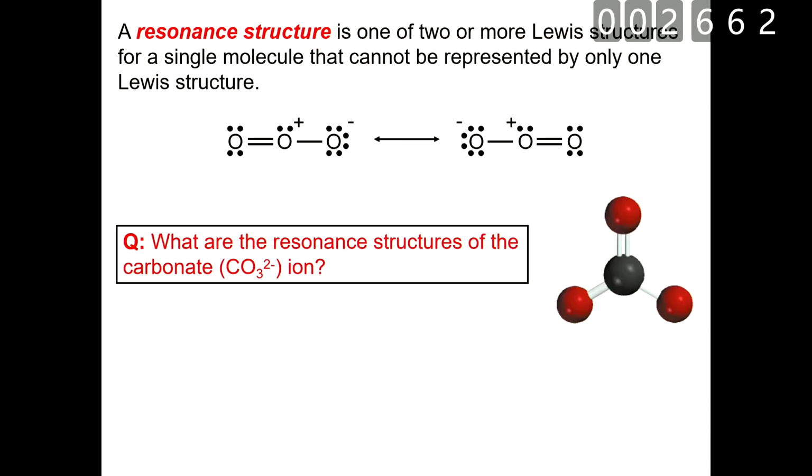Okay. So here to show another concept, resonance structure. What is a resonance structure? A resonance structure is one of two or more Lewis structures for a single molecule that can't be represented by only one Lewis structure.